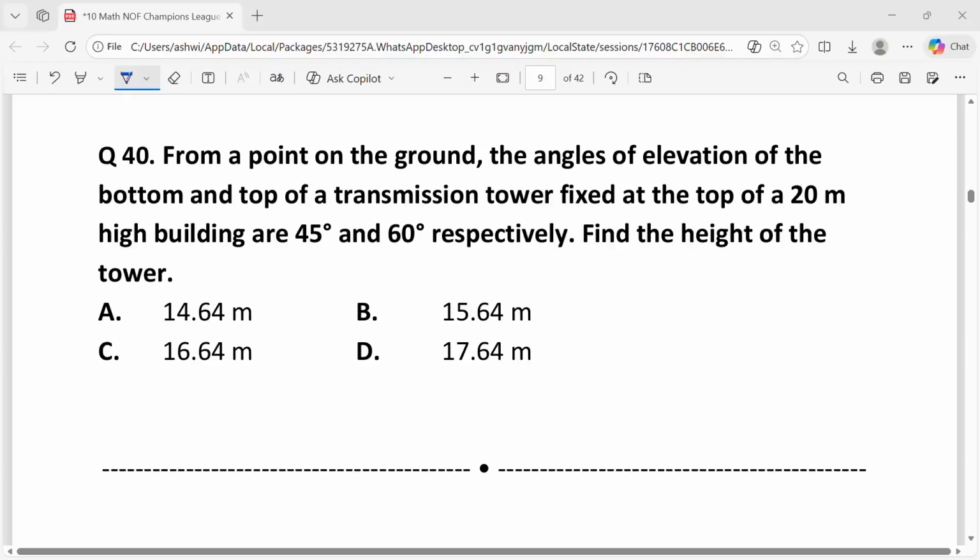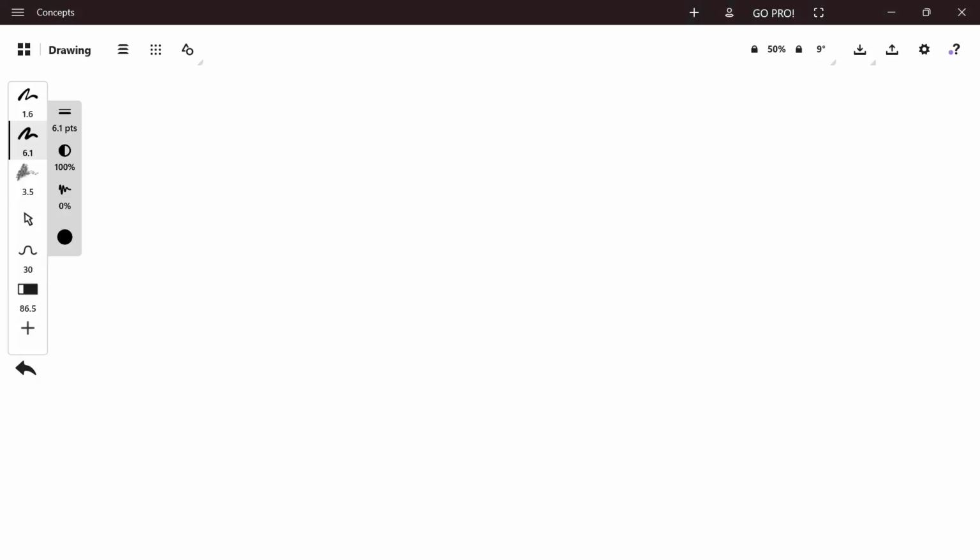Question 40. From a point on the ground, the angle of elevation of the bottom and top of a transmission tower fixed at the top of a 20-meter high building are 45 degrees and 60 degrees respectively. Find the height of the tower. Let h be the height of tower and H be the height of building, which is 20 meters, and x be the distance from the observation point to the building.